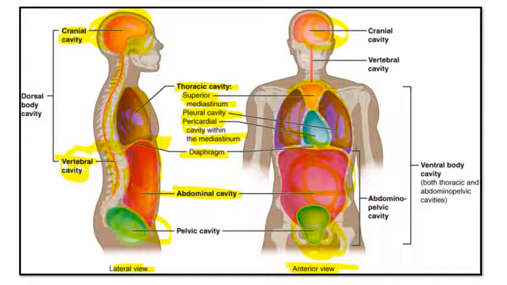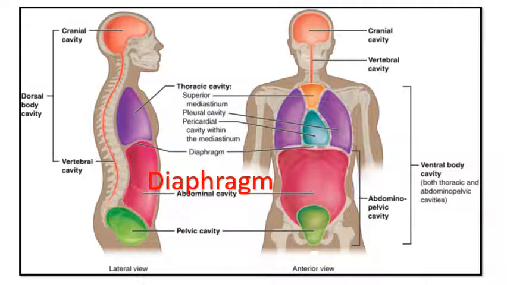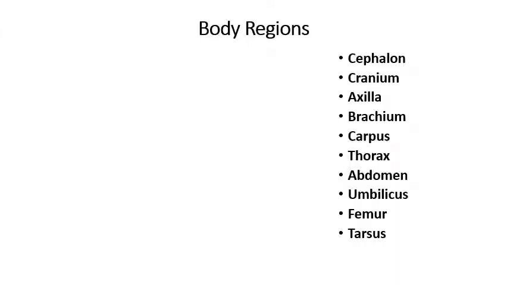It helps to pull the lungs downwards, and that process of pulling the lungs downwards increases their area on the inside and sucks air inside. So the diaphragm is a muscle that's critical for breathing, but it's also an anatomical landmark that is the official dividing line between the thorax and the abdomen. So the diaphragm is one example of an anatomical landmark.